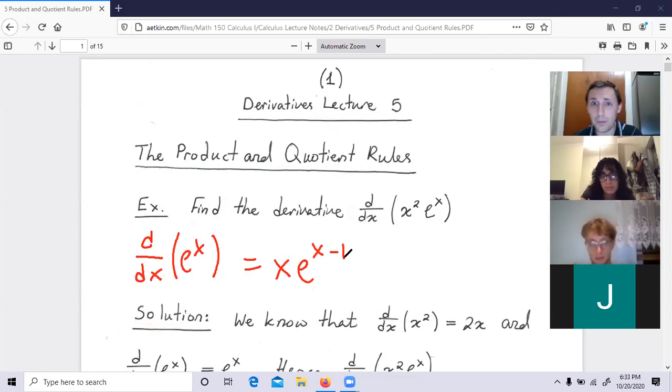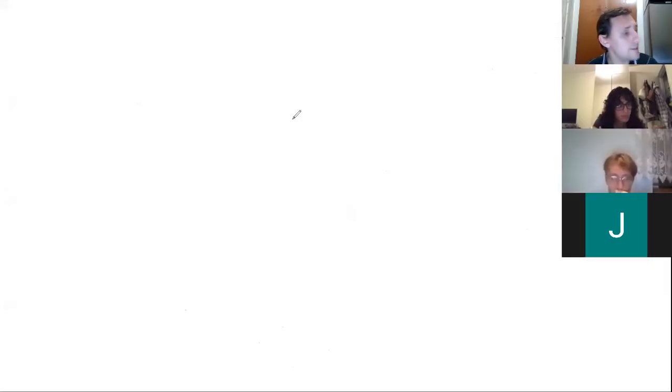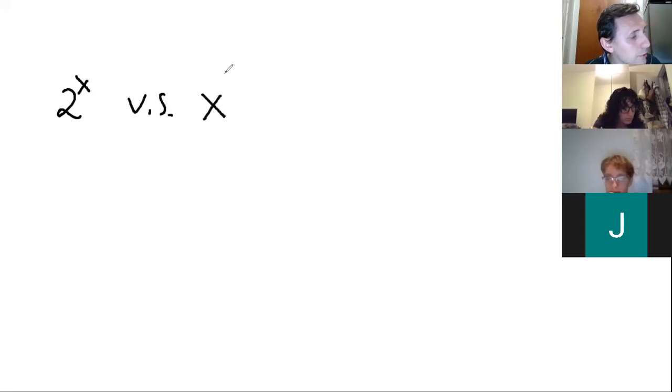We spent quite some time talking about this derivative, and we know the difference between e to the x and x to the e. Let me open up a new share. Here is the whiteboard, guys. There is a difference between 2 to the power of x versus x to the power of 2.